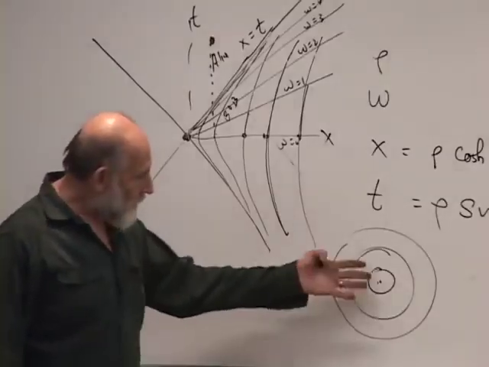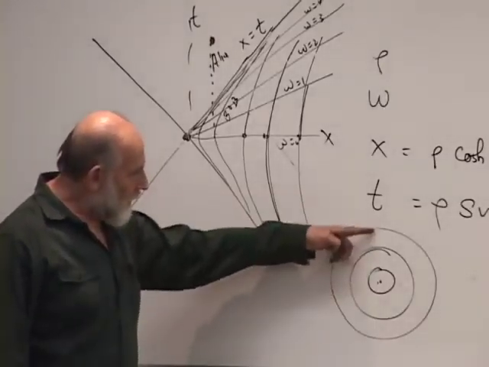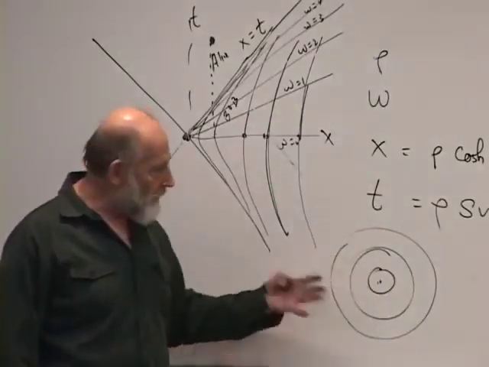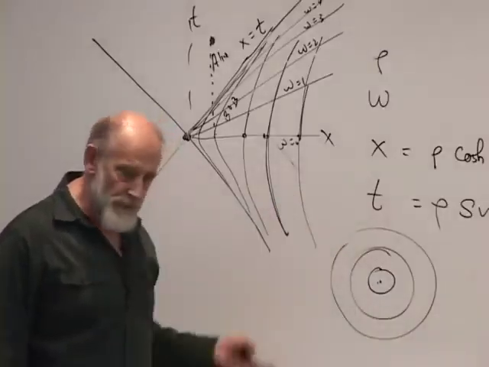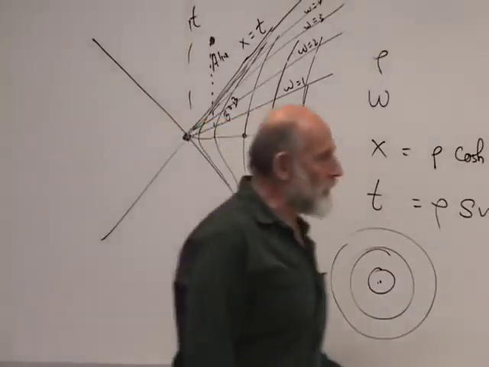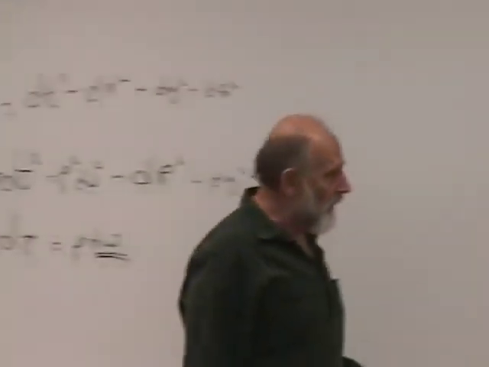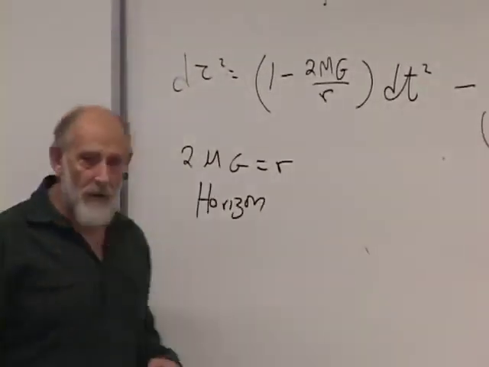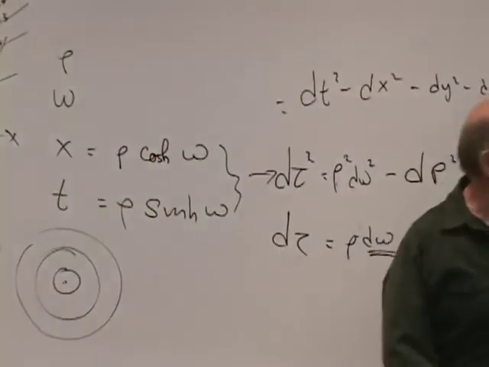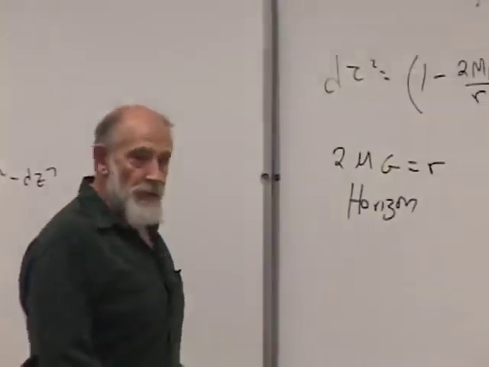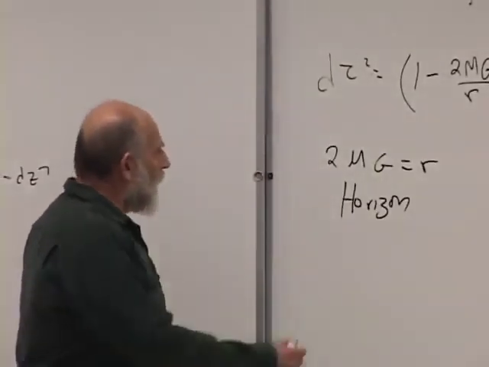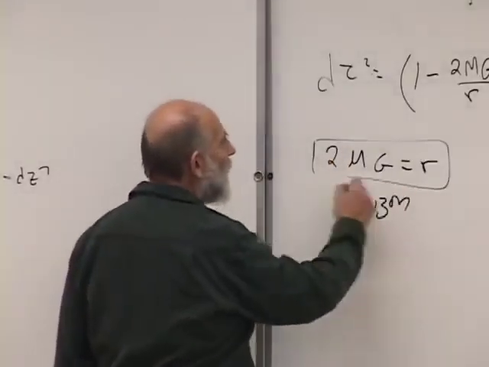As you move out, a little bit of angle corresponds to a larger and larger piece of perimeter, of distance along the perimeter. So there's this kind of stagnation point in the coordinates over here, but it's not anything physical going on. So you see, there are situations where the coordinates can do something funny, where there really is nothing going on, or at least nothing that the observer at that point would notice.